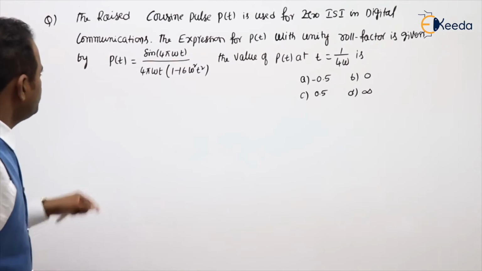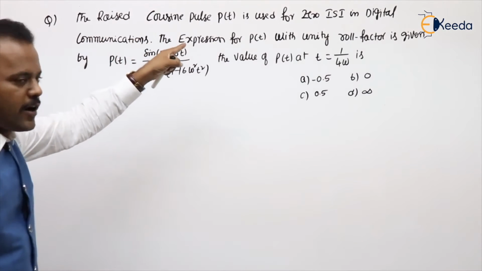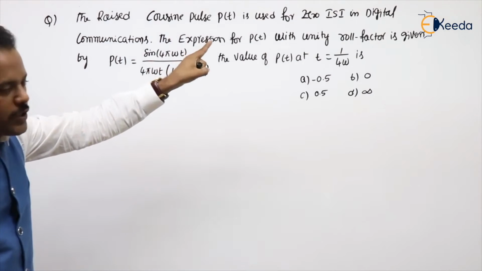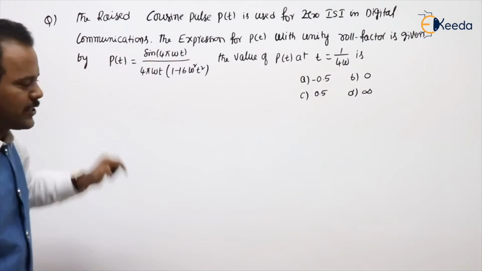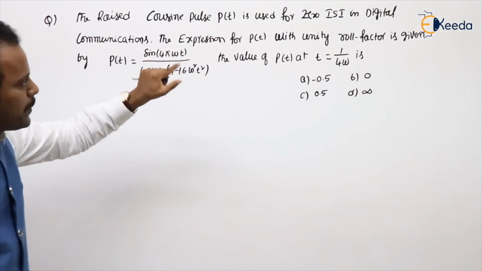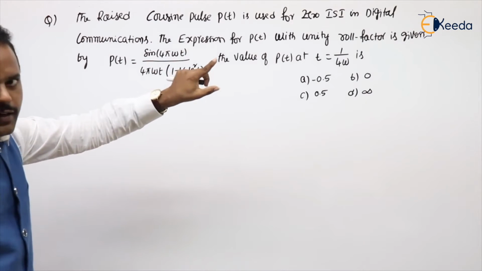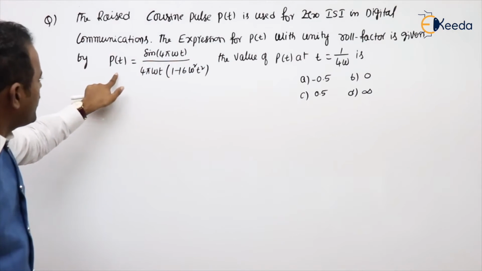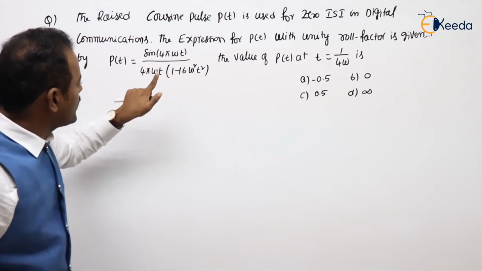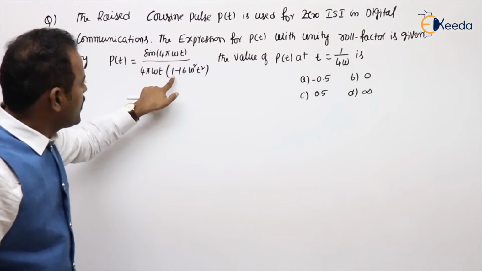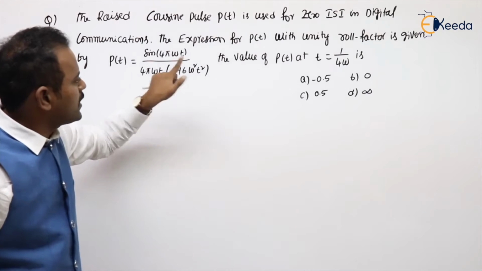See the next problem. A raised cosine pulse p of t is used for zero ISI in digital communications. The expression for p of t with unity roll-off factor is given by p of t equals sin 4 pi omega t divided by 4 pi omega t times (1 minus 16 omega square t square).